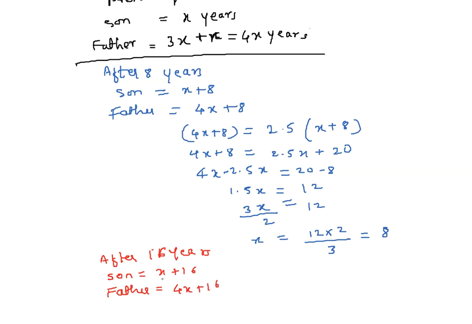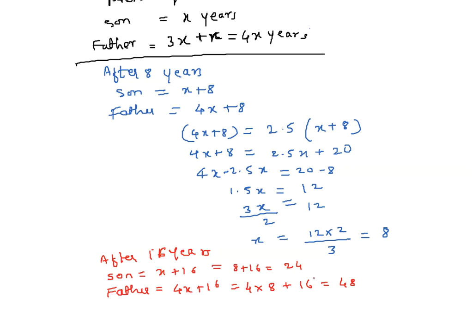So after 16 years, what is the age? 8 plus 16 is equal to 24 years. 4 into 8 is 32, plus 16 is 48. So we got the ages.